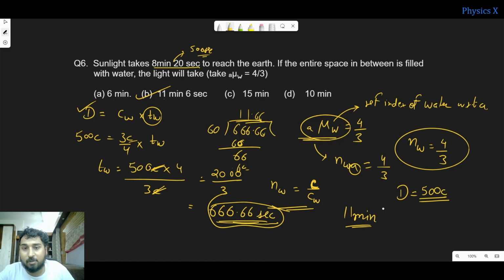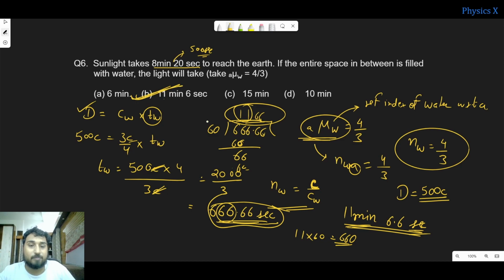So 0.66 is what? 11 minutes and 6.6 seconds, right? Because this now is in minutes. So if 11 minutes you convert into seconds, 11 into 60 is 660. So we are left with 6 seconds more. So 11 minutes 6 seconds. So this is your answer, right?